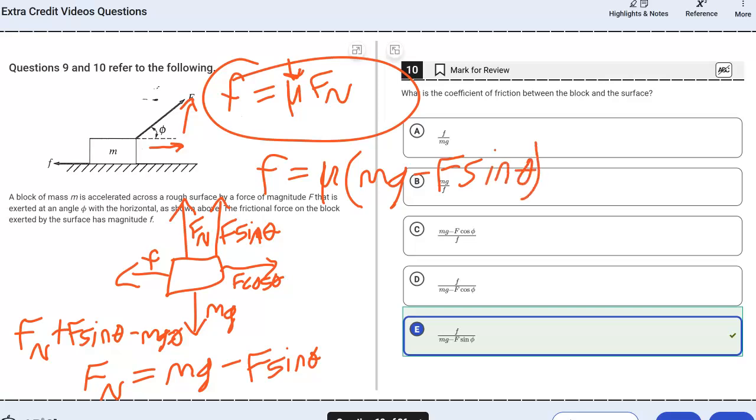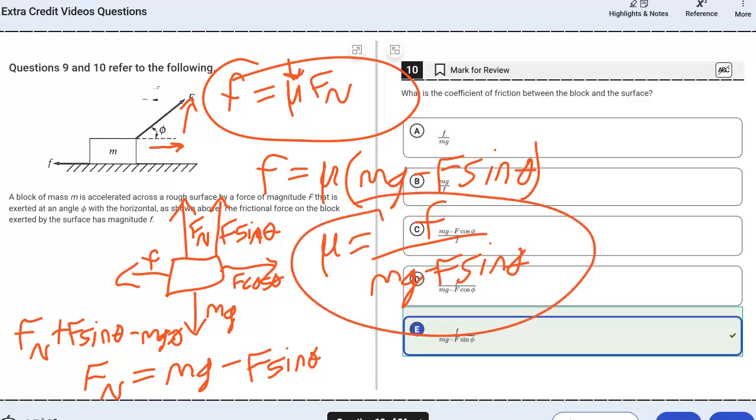Okay, so now we solve for mu. We divide by mg minus F sine theta on both sides. Mu equals F over mg minus F sine theta. And that is our answer. Matches up with answer E, F over mg minus F sine theta. Thank you very much.